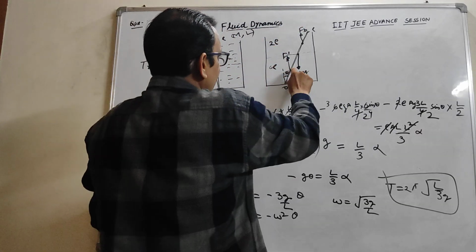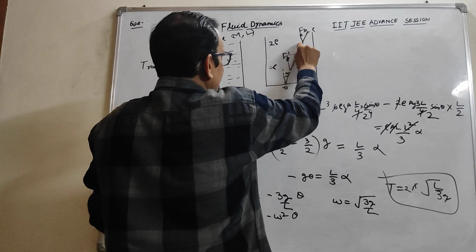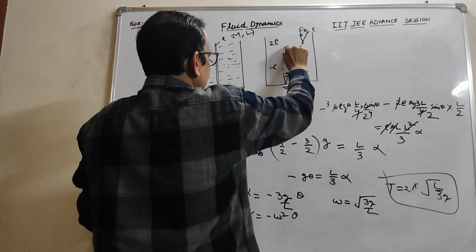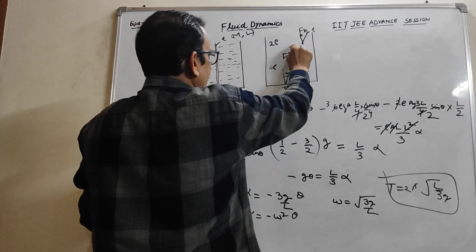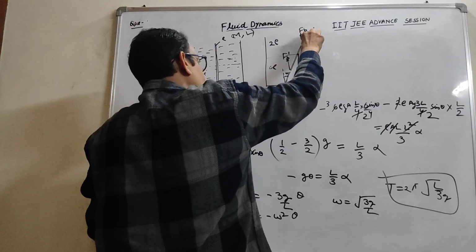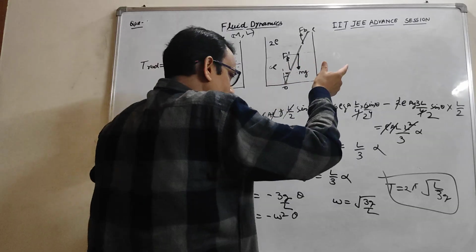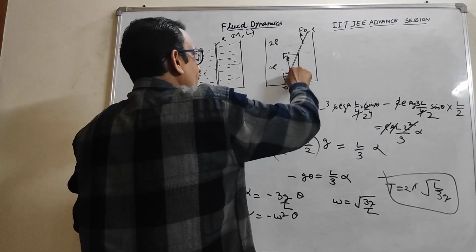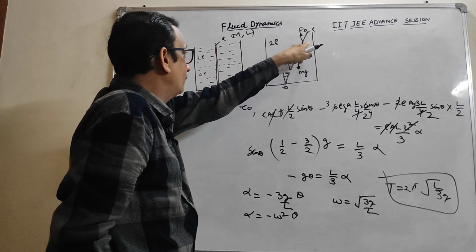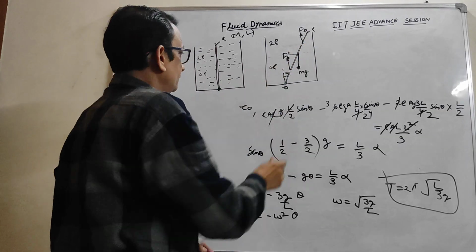The distance for this buoyant force would be L by 4 sin theta, and for this torque the distance would be 3L by 4 sin theta, and the buoyant force is acting for L by 2 length, L by 4 length and L by 4 length. This is the concept to apply here.